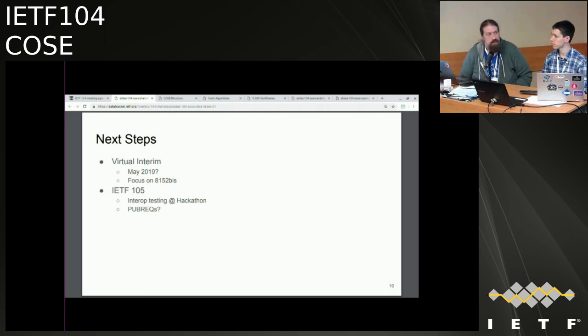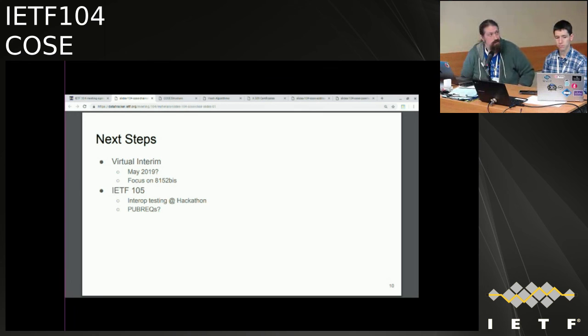What we are looking to propose is having another virtual interim to discuss some of these outstanding issues again, targeting sometime in May, again focusing on 8152bis. With the idea that by IETF 105, if we're really optimistic, we might be able to get it to the state where we can publication-request it, but most likely to the state where we're doing a working group last call on the BIS drafts.